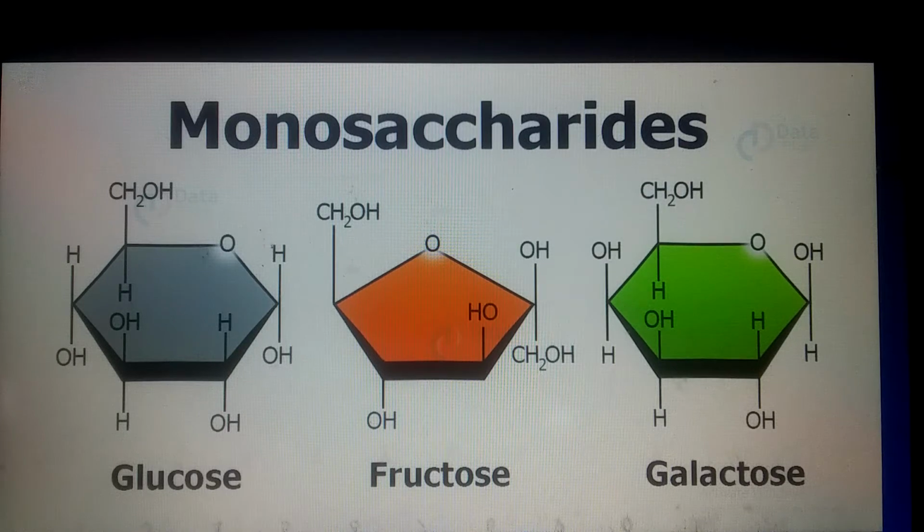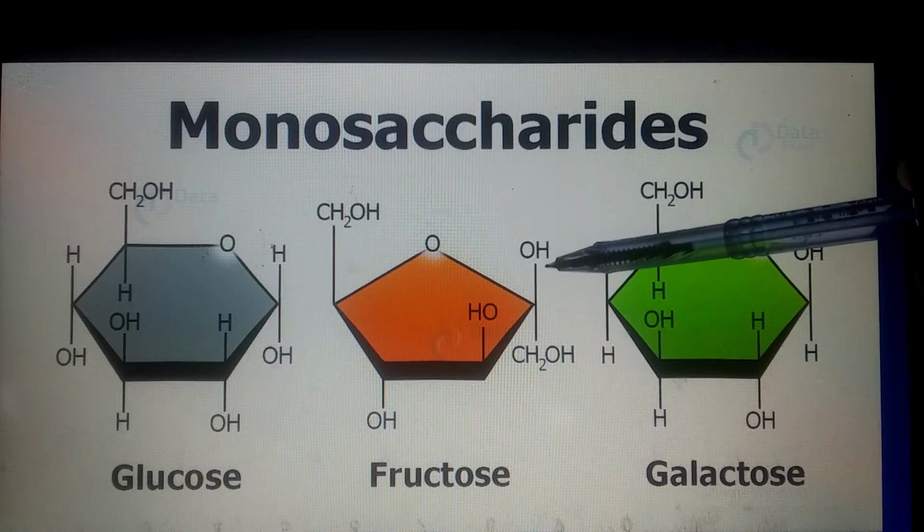Okay. Now, first of all, I'm giving you information about monosaccharides. As you people are familiar, glucose, fructose, galactose are all monosaccharides, all consisting of 6 carbon atoms, and their simplest molecular formula, chemical formula, is C6H12O6, because all these monosaccharides consist of 6 carbons, as you can see here, 1 2 3 4 5 and 6.